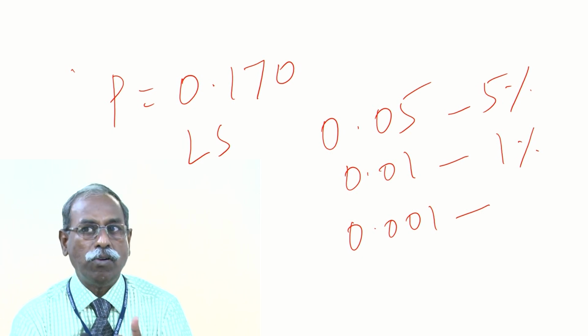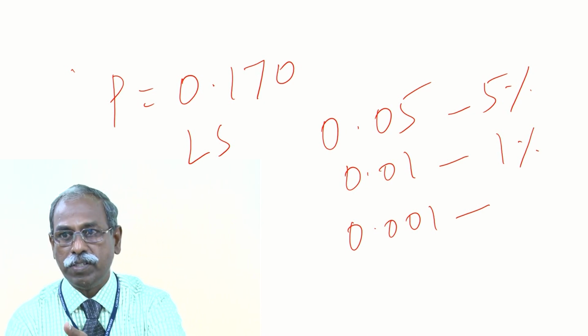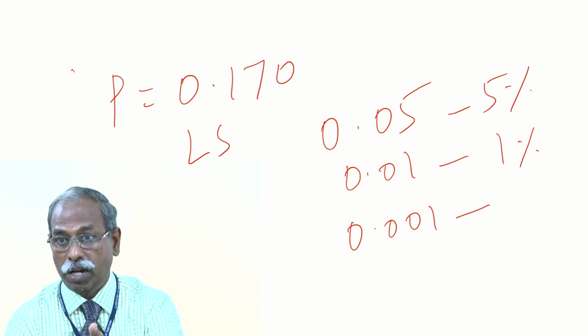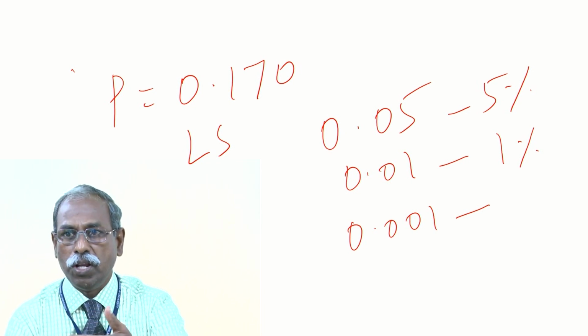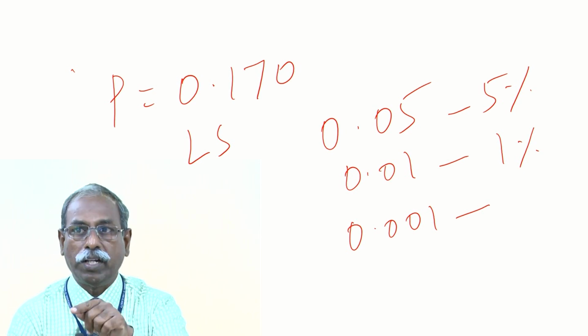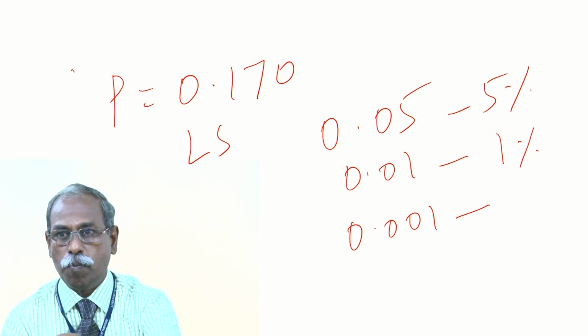But when you do research in science, physics, chemistry, microbiology, biotechnology or engineering, you are doing research based on your apparatus, with laboratory control. So controlled factors are there. Here the level of significance requires more accuracy, the 1% level, so you are allowed to take 0.01 or 0.001.